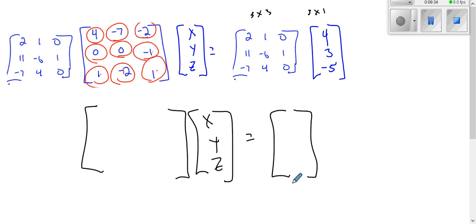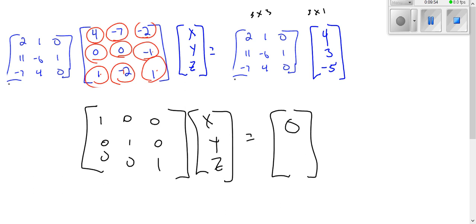So when I multiply these, it's going to give you just one column. And in theory, if I did everything right and I do this times this, it should come out to be that. That's if I did it right. And then when you multiply these, it should work out.